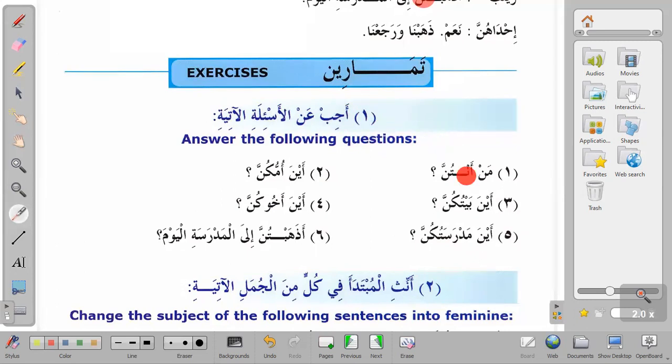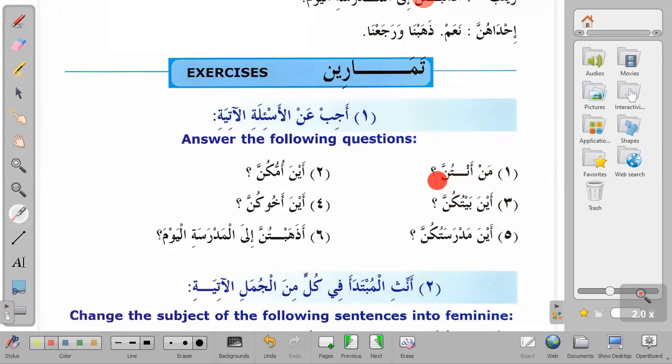Like here, Aina Baitukunna, where is your house? The author is assuming that he's addressing girls, several girls. So you are going to answer it based on how the questions are given.